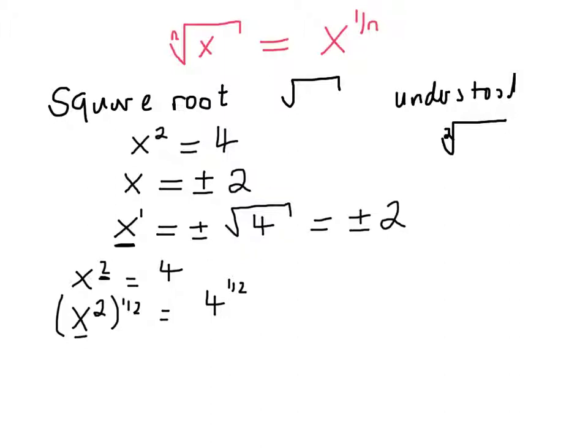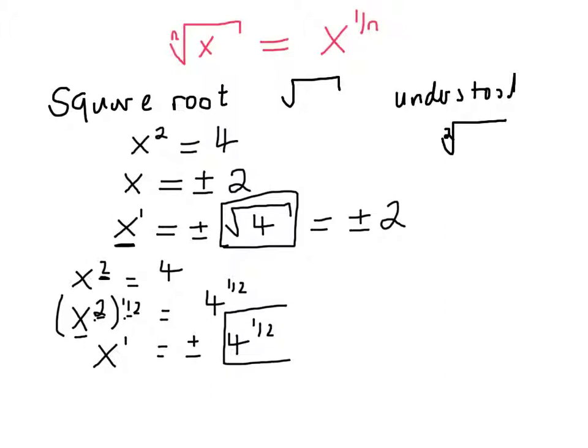Because knowing your last law, a number to a power all to a power, you multiply these two powers. So x to the power of 1 is equal to positive or negative 4 to the power of a half. So here, 4 to the power of a half and the square root of 4 are the same thing.